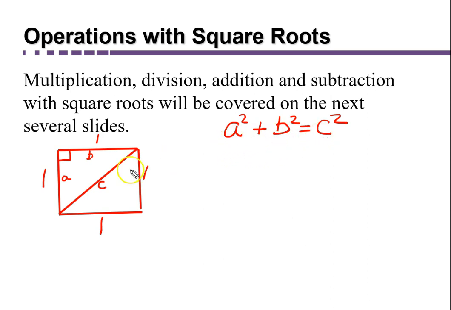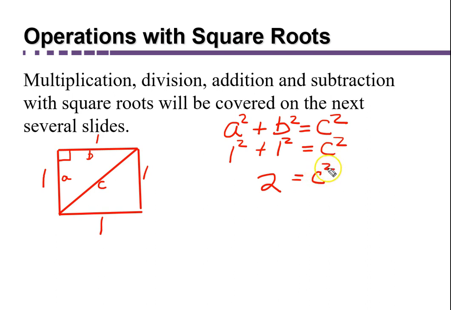So now we're going to solve for the length of C by substituting. Well, A is 1 that we're going to square. B is 1 that we're going to square. And we don't know c squared. But 1 squared is 1, 1 squared is 1, so this adds up to 2 equals c squared.